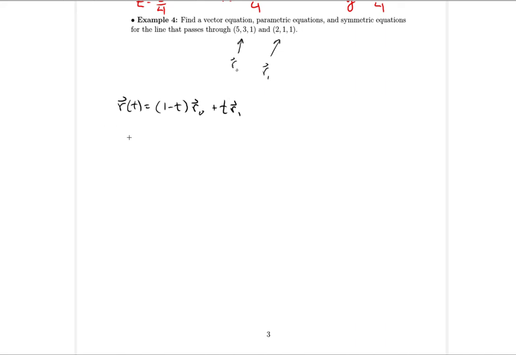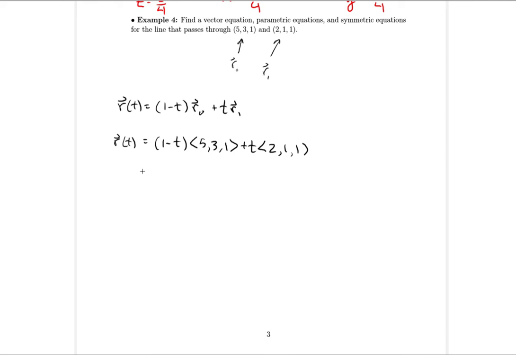formula. All right, so I can say R of t is equal to (1 minus t) times <5, 3, 1> plus t times <2, 1, 1>.